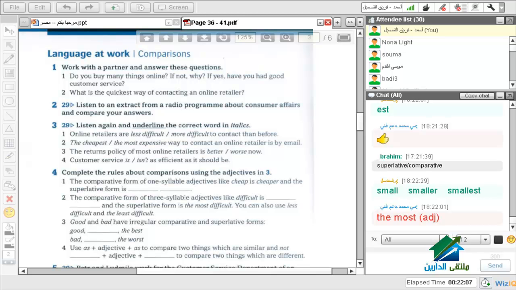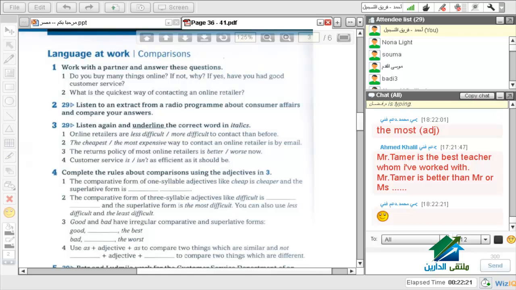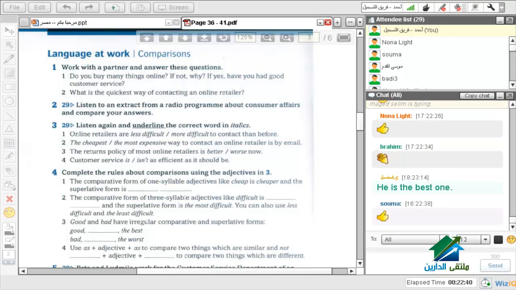We will talk about the most and more. That will happen in both comparative or superlative, but when you will have adjectives with more than one syllable, you can't add er or est. Can you hear me?